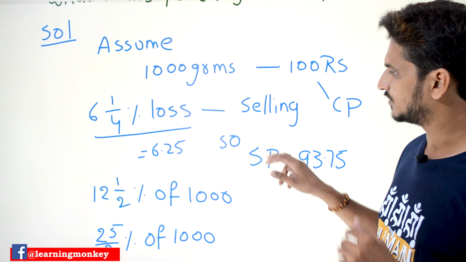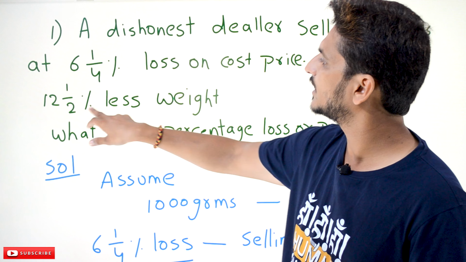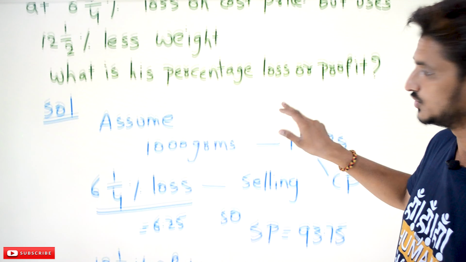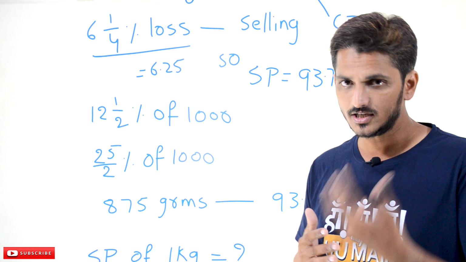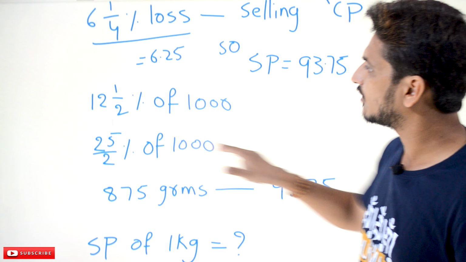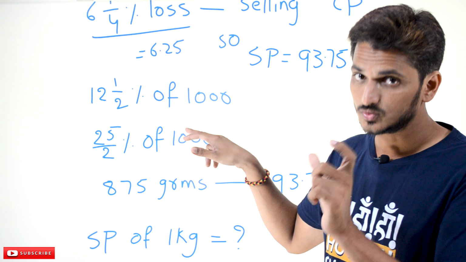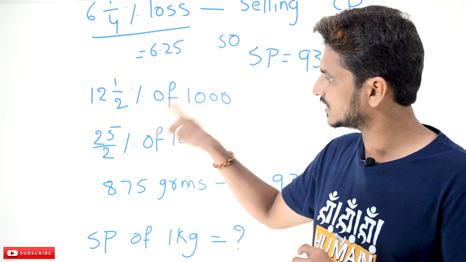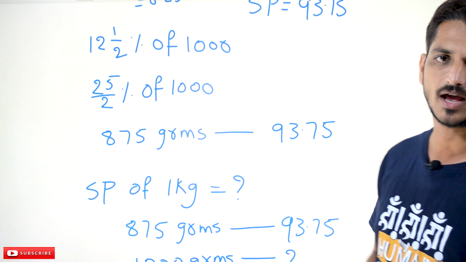Next, he uses 12 1/2% less weight. There is a fraud in the weights; the weight is 12 1/2% less. So in 1000 grams, 12 1/2% less means 25/2% of 1000, which is 875 grams.